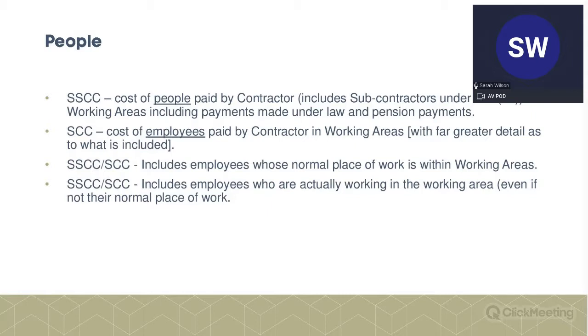So, this is all to make sure that nothing's missed off, which is really important because, clearly, if something's missed off, you can't recover it. And we've already seen that the contract specifically says if it's not in that list, you can't recover it because it's deemed included in your fee percentage. So, you're immediately then eating into your fee percentage, which is then going to reduce your OHP figure.